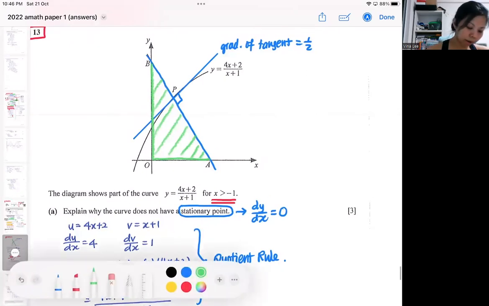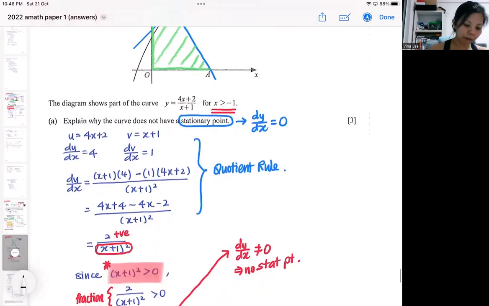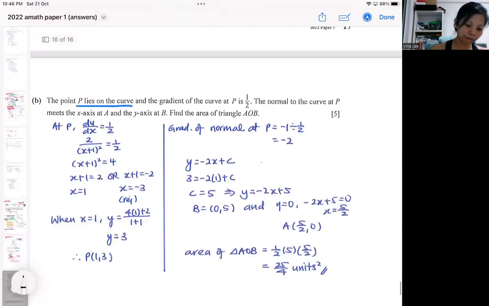So you are going to execute this fact that the gradient of tangent is half. Gradient of tangent means dy dx, so you should be able to set your dy dx equal to half so that you can find the x coordinate.